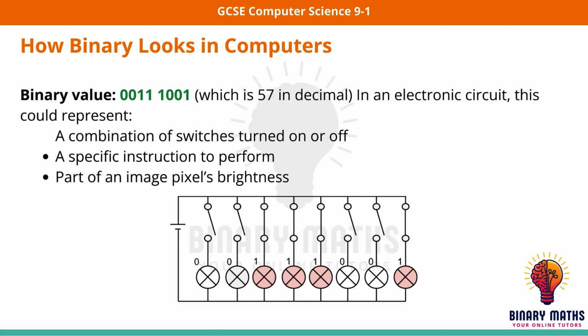In this case, 4 lights would be on and 4 off. It's a visual way to imagine how binary data can be seen in hardware. This pattern might represent a number, a letter, or even part of an image pixel, depending on the context.